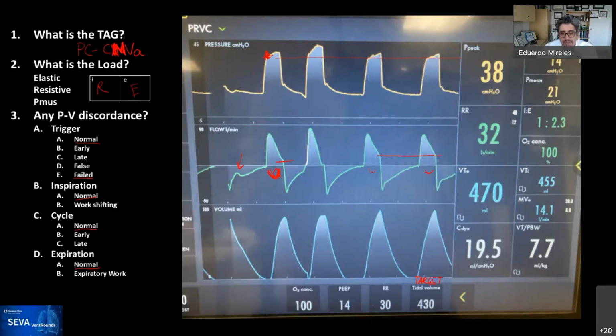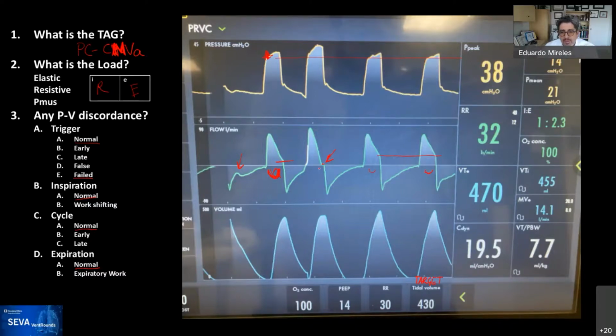During inspiration, there's minimal work shifting as you indicated, so normal sounds perfect to me. And cycle, we talked about the only late cycle that exists is this one over here. Whenever you see this little pause, any pause that you see, that means that the ventilator is controlling it, so it's cycling it, and it tells you that this patient has a late cycle.